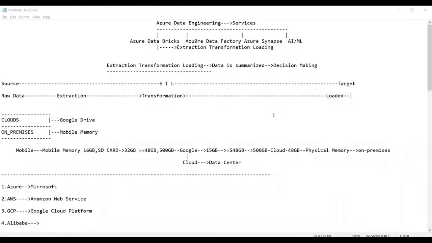It is asking for a credit card number. Yeah, credit card, obviously. That is for the free subscription. It will charge some 2 rupees from the credit card, and the free subscription will be valid for 30 days. After that, you have to go for the pay as you go model, which is based on your usage only. It will not charge you more than 700 to 800 for an individual.